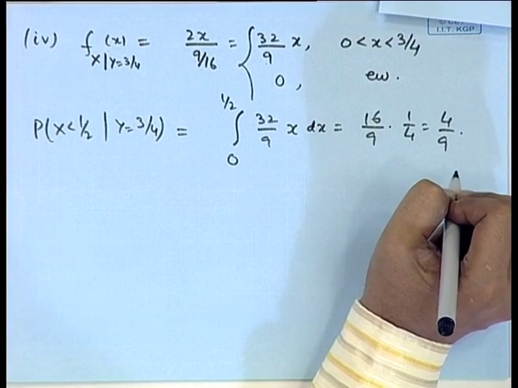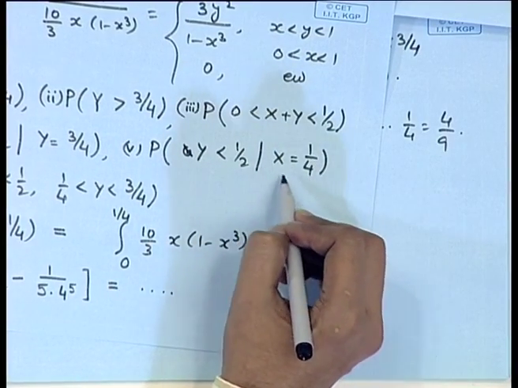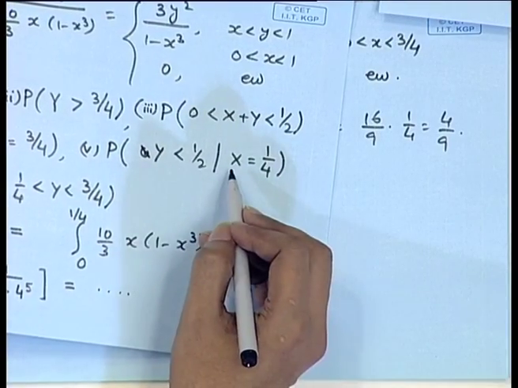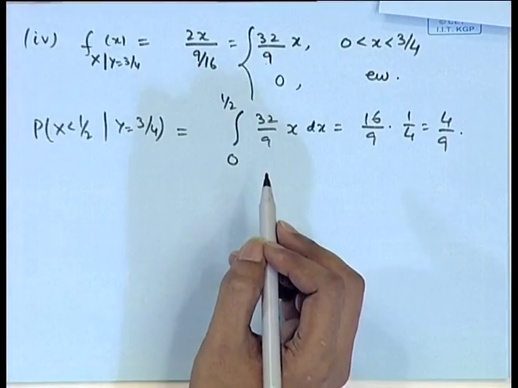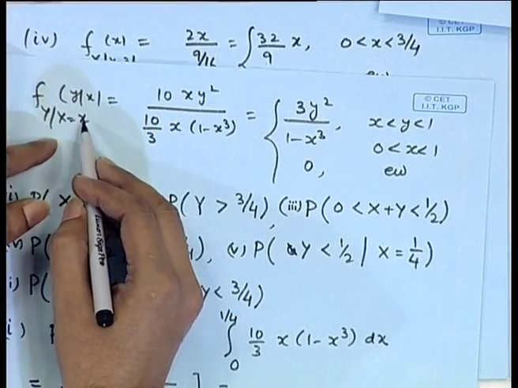In a similar way, if we want to calculate probability of y less than half given x equal to 1 by 4, then we use the conditional distribution of y given x and then we substitute x is equal to 1 by 4 here.